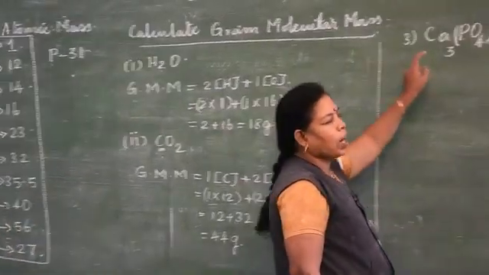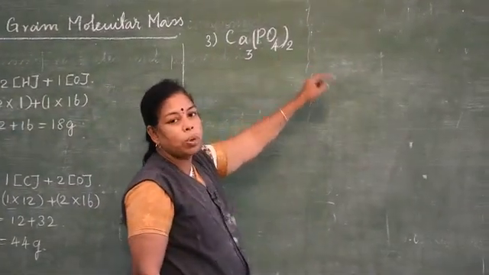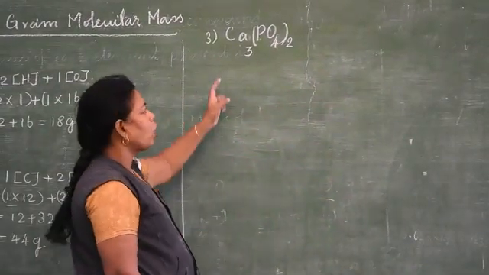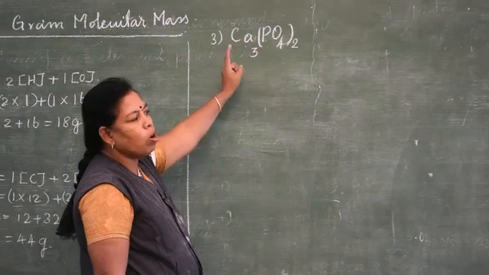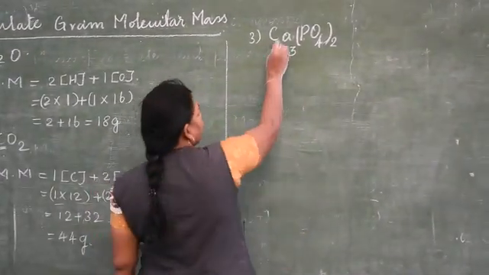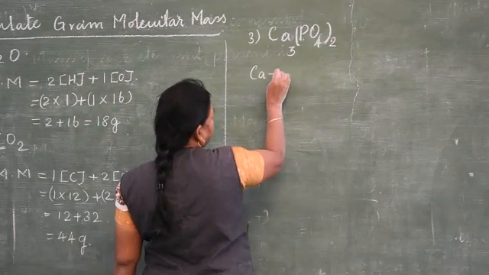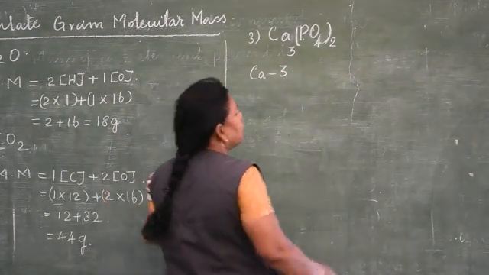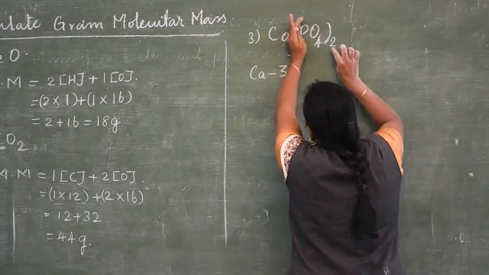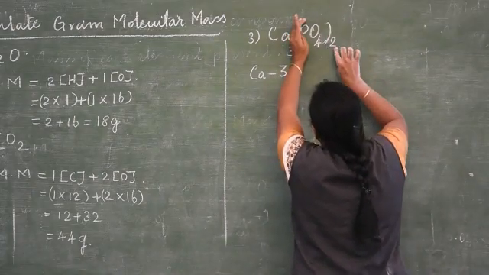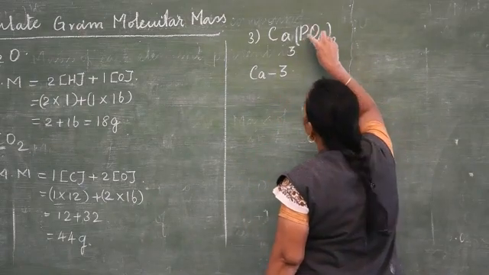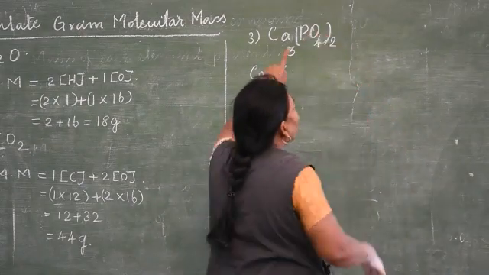Next we are going to find out the gram molecular mass of calcium phosphate. First we have to find out how many atoms of each kind are present. Example, calcium 3 atoms. This bracket, the number mentioned outside the bracket, is owned by the elements present inside, not for calcium.